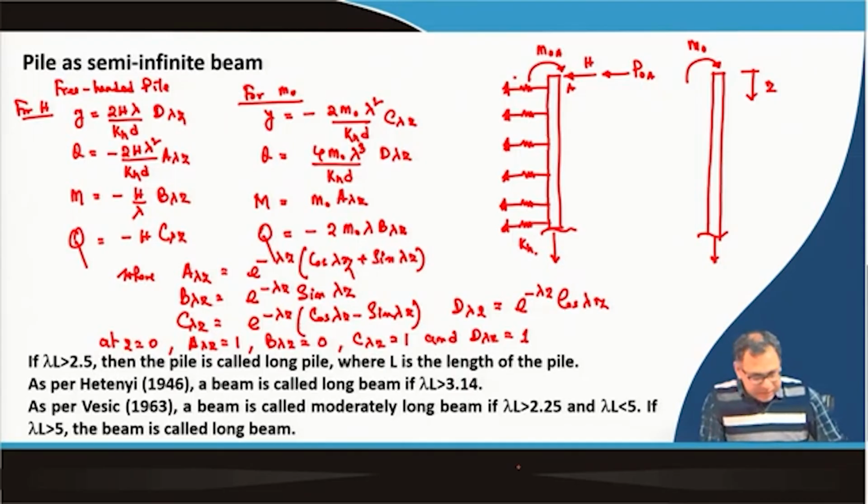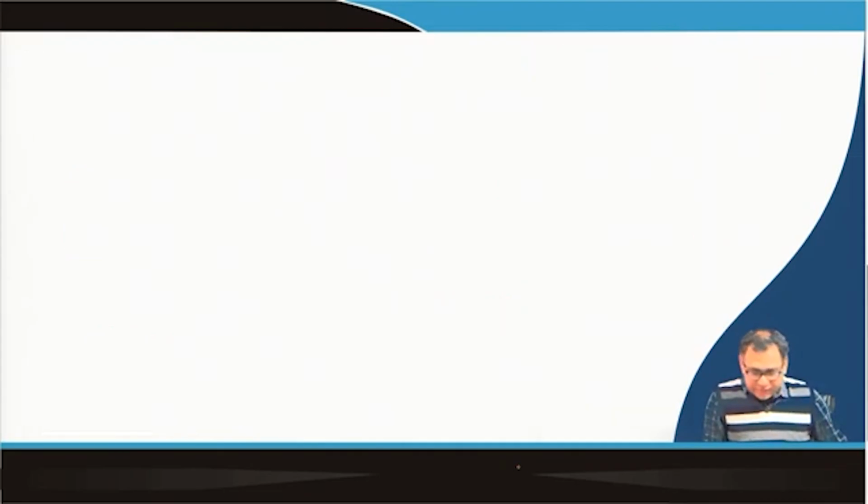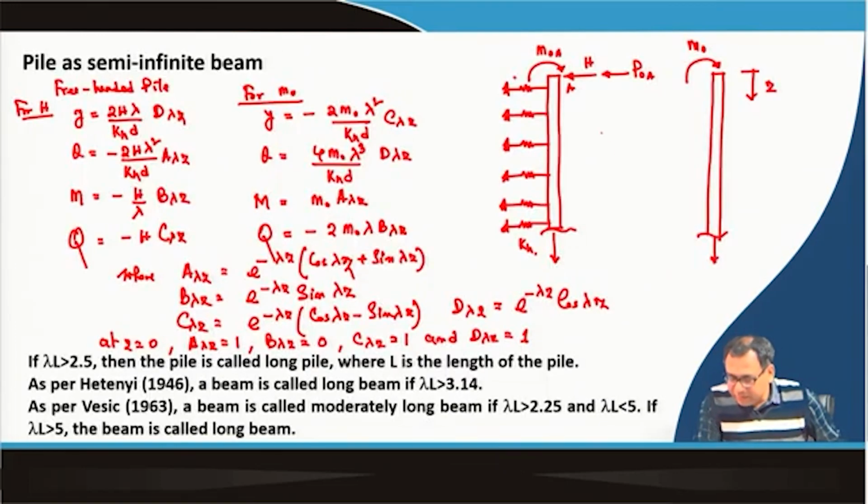So, for the fixed headed pile, how can we determine these values? I am writing here, this is for fixed headed pile.